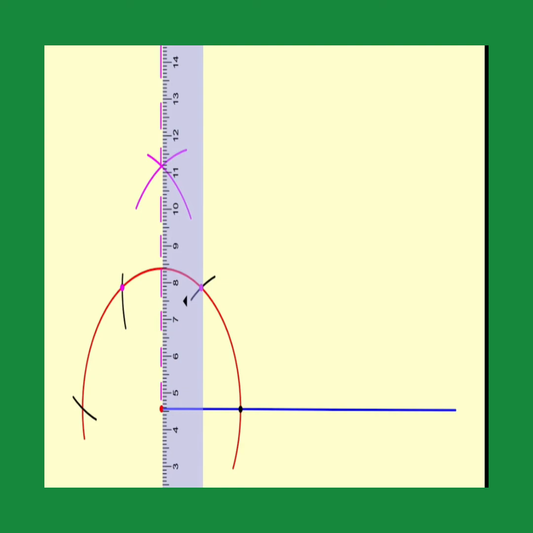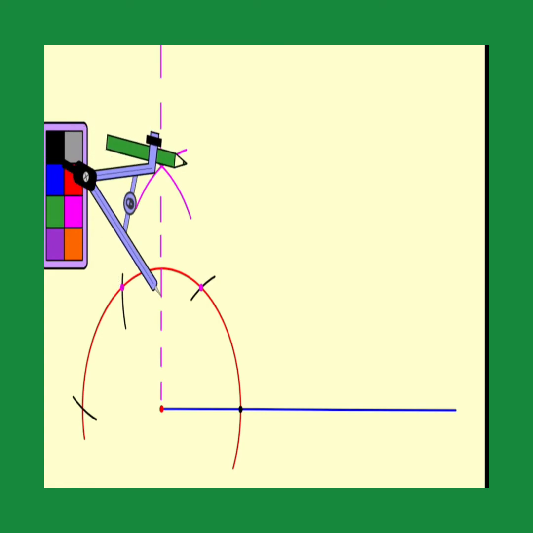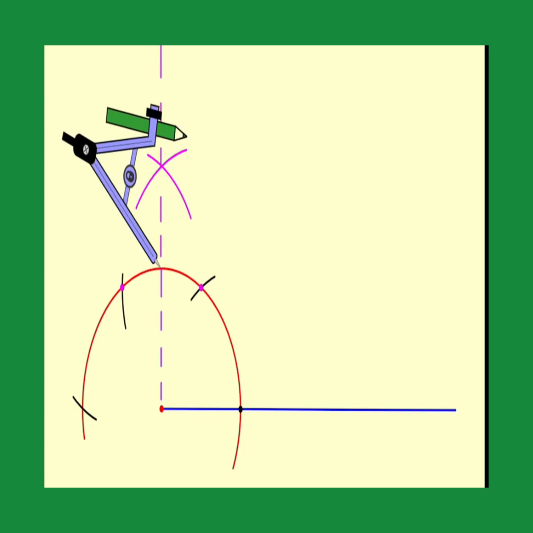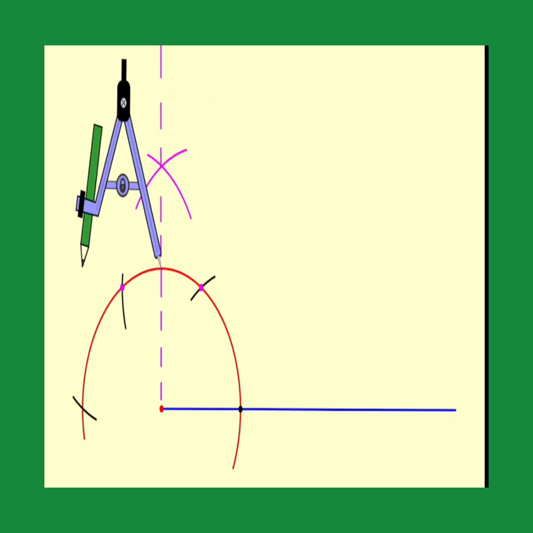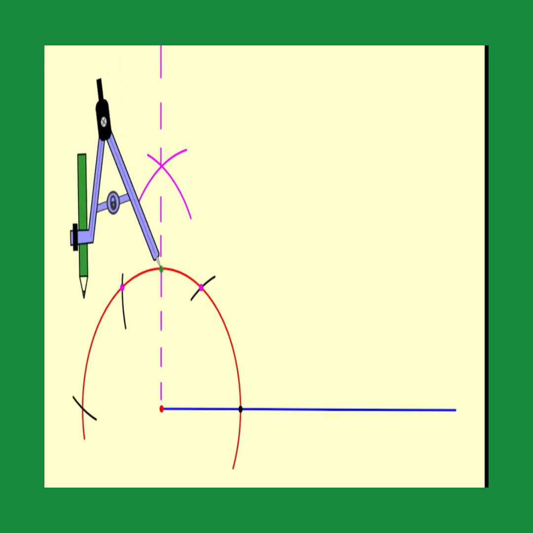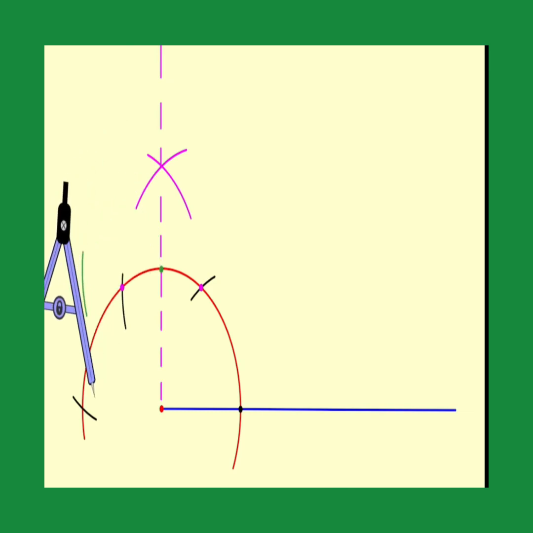135 degree you will take again the compass, and then you will place the pointer at the intersection point of the dotted line and the semicircle, and then you will mark an arc. You can see just like that in green color, and then place the pointer at the last third arc, making angle 180 degree.